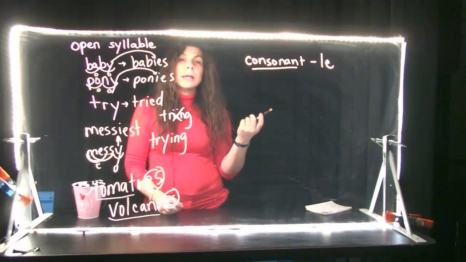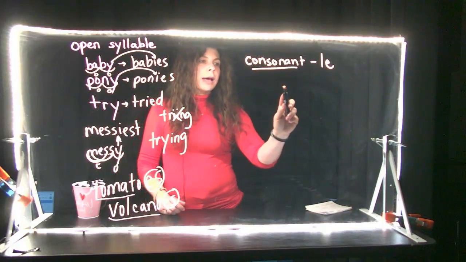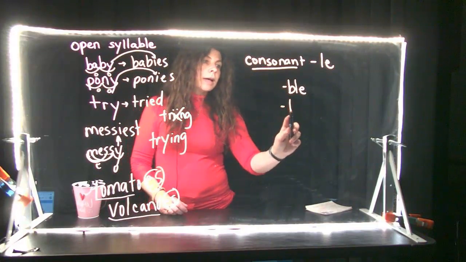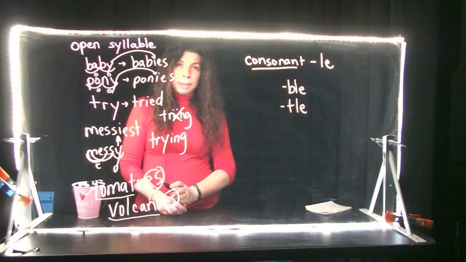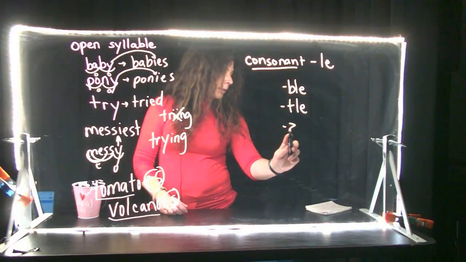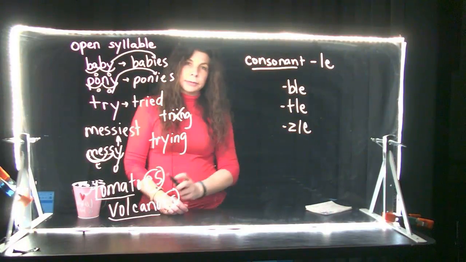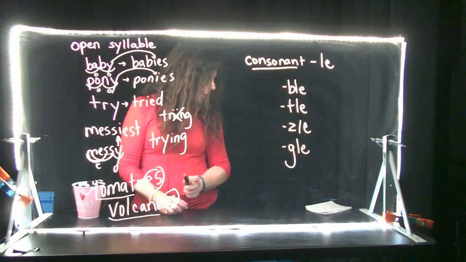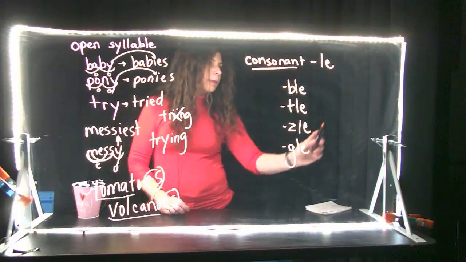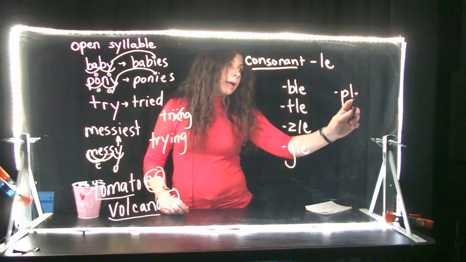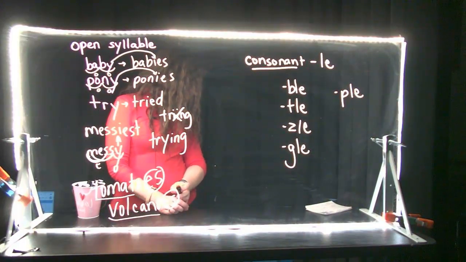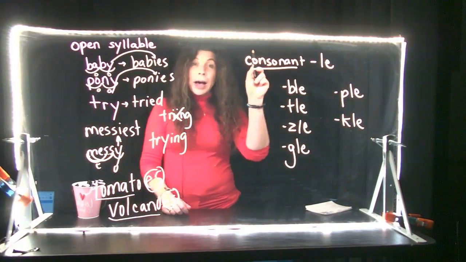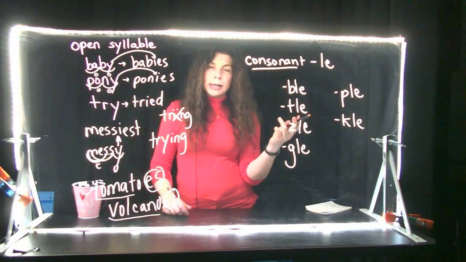The E is silent. So you could have a BLE, a PLE, a ZLE, a GLE, a TLE, a KLE, a consonant, and then an LE.